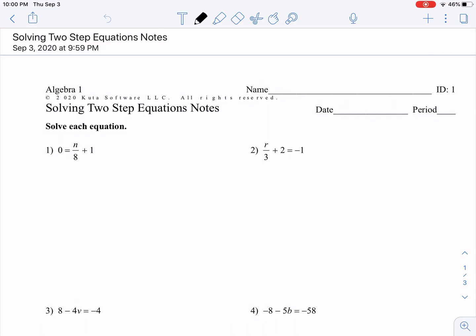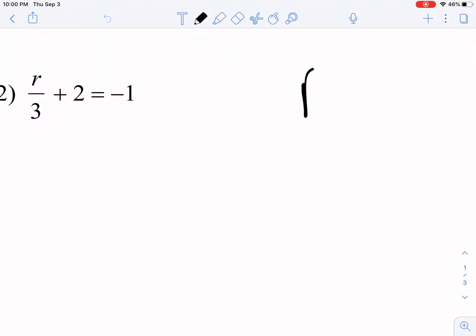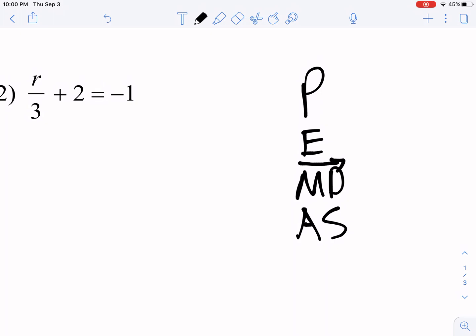But I want to go back to order of operations for a second. So on the side, I'm going to write PEMDAS. Okay, and we talked about how, oops, there we go. We talked about in PEMDAS, this is applying the order of operations. We do parentheses, exponents, and multiplication and division from left to right, and then addition and subtraction from left to right, okay?